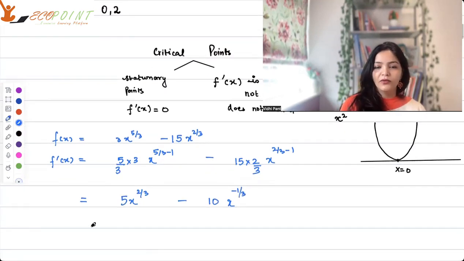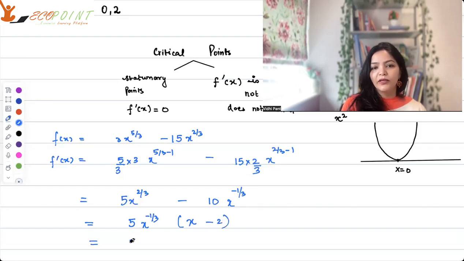So what are you getting? You're getting basically f dash x is equal to, if you take 5 common and you take x to the power minus 1 by 3 common, what do you get? You get x minus 2.